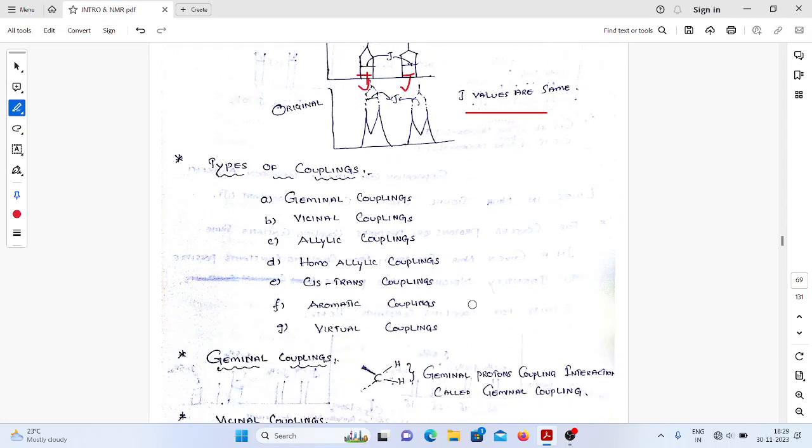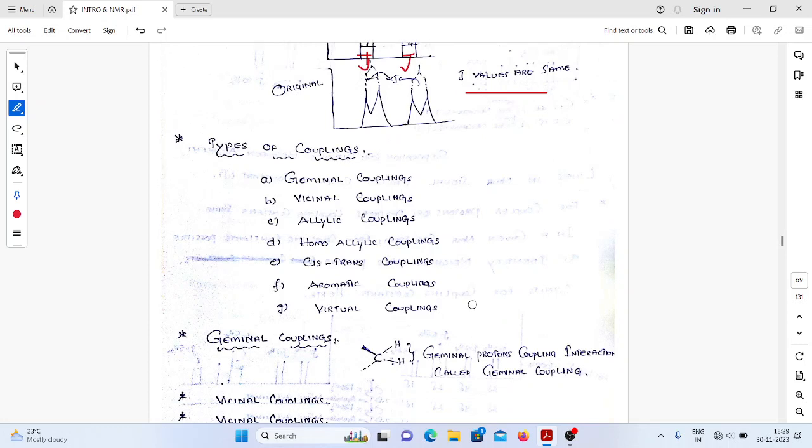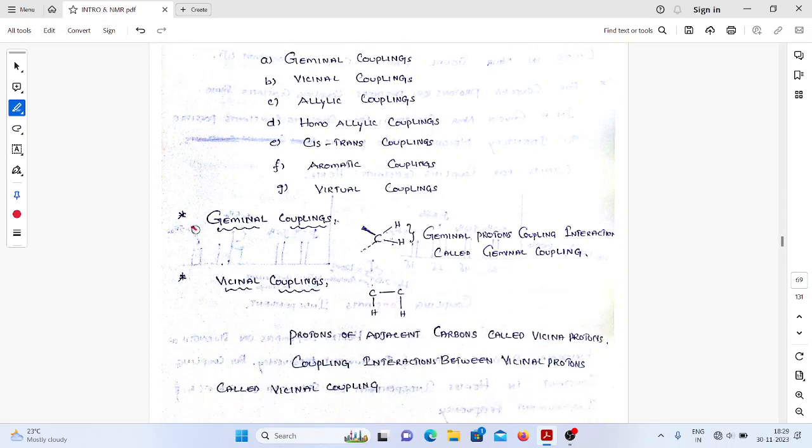Okay, so this is the coupling constant. Let's see what kind of coupling is possible between different spin active nuclei. Here it is the proton nucleus, that's why we will talk about proton couplings only. We all know that geminal protons means the protons which are attached to the same carbon.